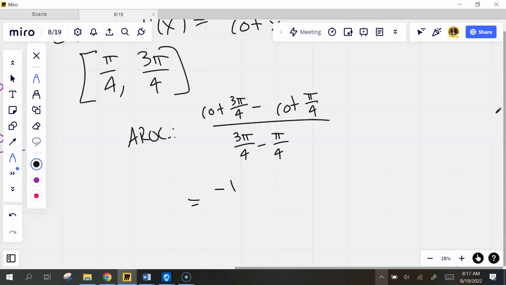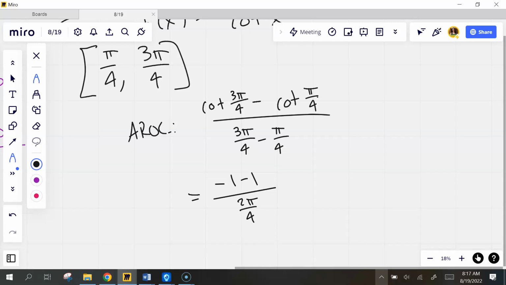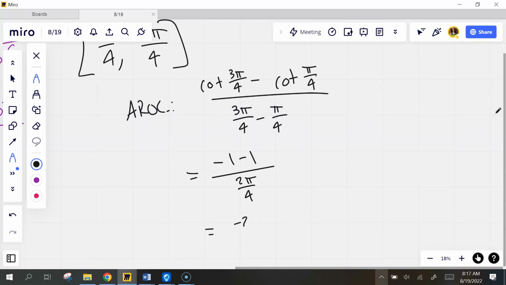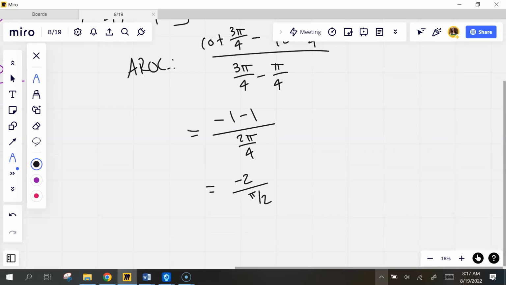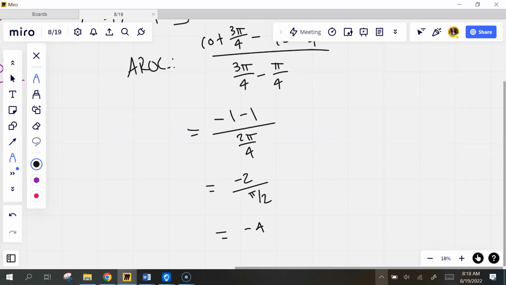That's that very first one. That's a positive. So it doesn't matter if I do cosine divided by sine or sine divided by cosine, I'm positive. So it's negative 1 minus 1 over 2 pi over 4. So negative 2 over pi over 2. Multiply by the reciprocal, and you get negative 4 over pi.